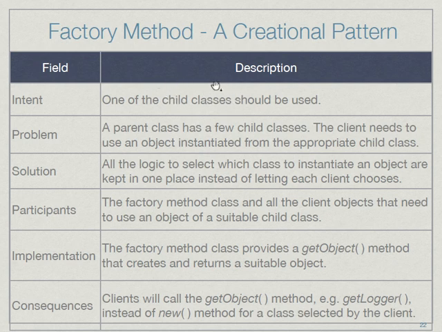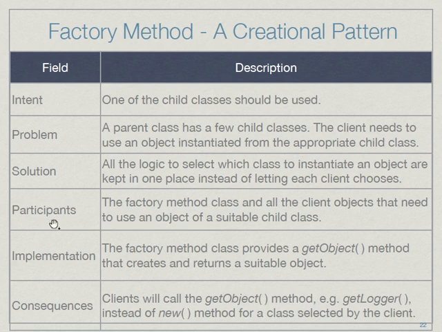The factory method would look after creating objects for you, but there may be several objects that you need. So the factory method would capture all the logic to create those objects in one place.